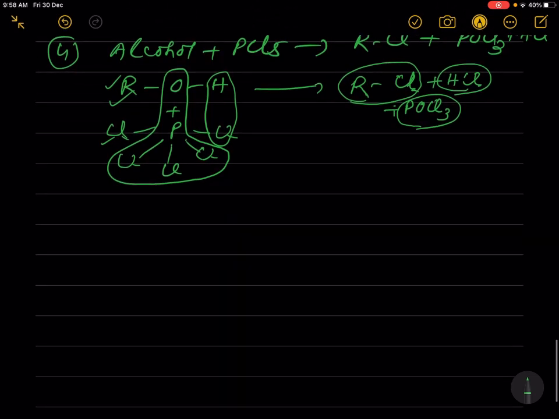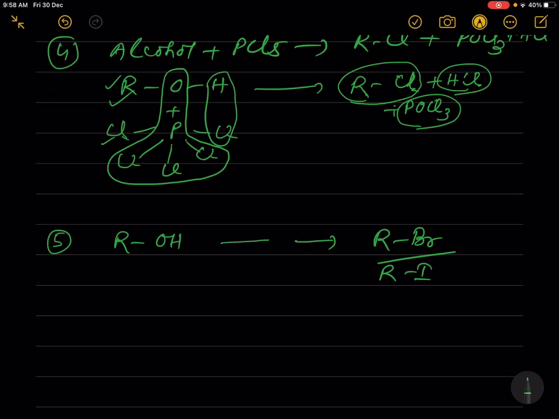Next, number 5. Alcohol can give alkyl bromide or alkyl iodide by treating with red phosphorus with bromine or iodine.